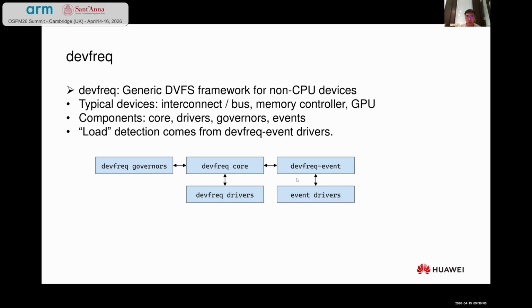The different part from the cpufreq subsystem is the Devfreq event. For the cpufreq, you have some common software metrics, such as the busy time ratio over the past few periods, or the per-entity utilization value from the scheduler.